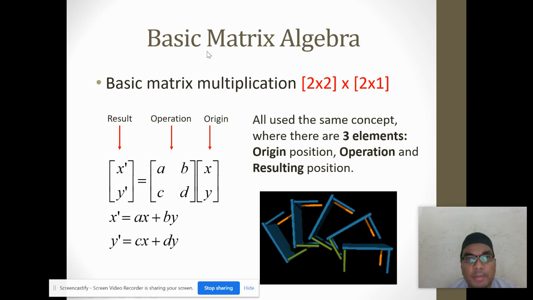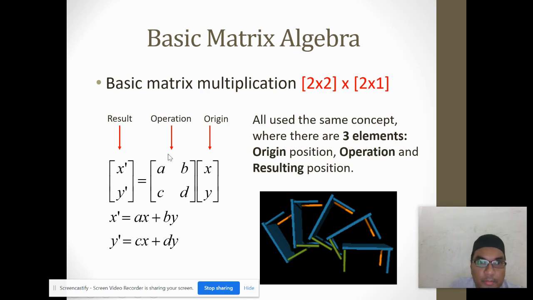For the basic matrix algebra, you can get this example in terms of translation. Basic matrix multiplication involves a 2 by 2 matrix multiplied by a 2 by 1 matrix.